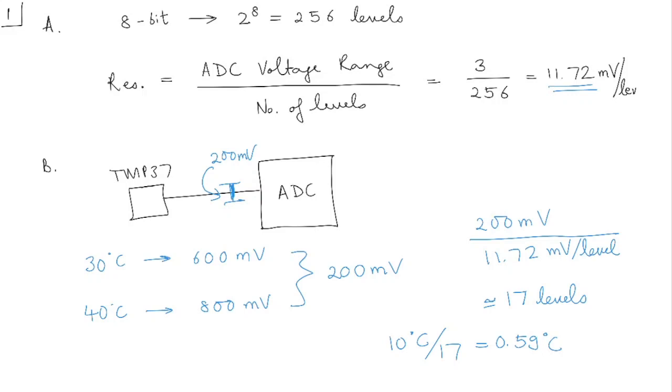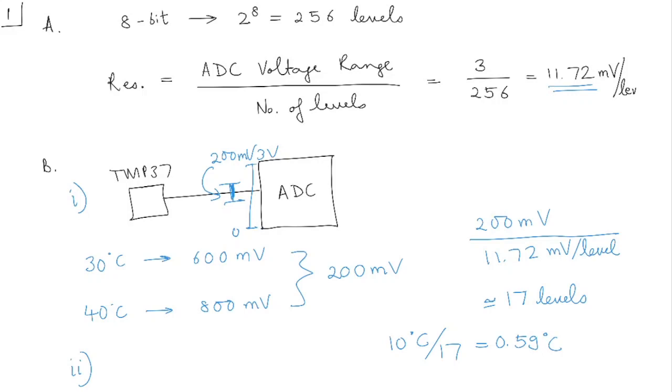Now you could ask, what is the range of temperature that the device can measure? The range is fairly straightforward because it is determined by the range of voltages that the ADC can take, which we know is 0 to 3 volts. So you can calculate the temperatures corresponding to 0 to 3 volts. So this is part 1. In part 2, you've been asked to calculate the ranges.